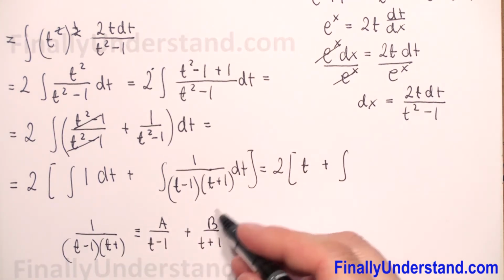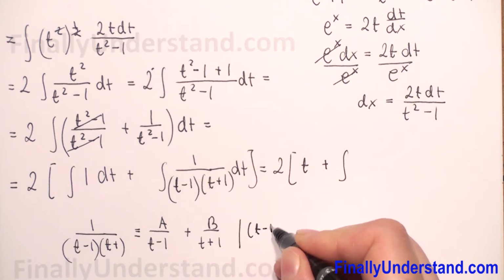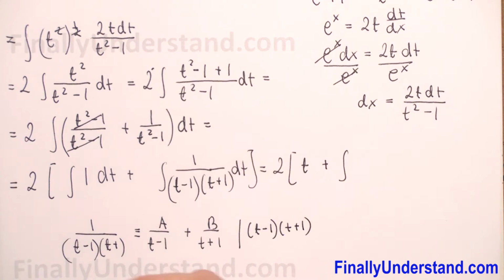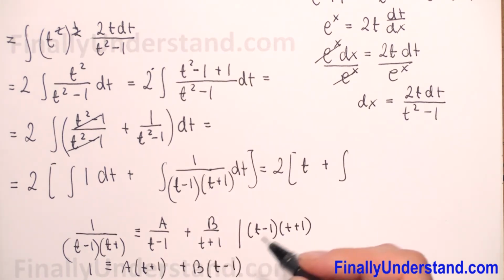Now we will multiply both sides by t minus 1 times t plus 1 to reduce this fraction, and we will have 1 is identically equal to a times t plus 1 plus b times t minus 1.